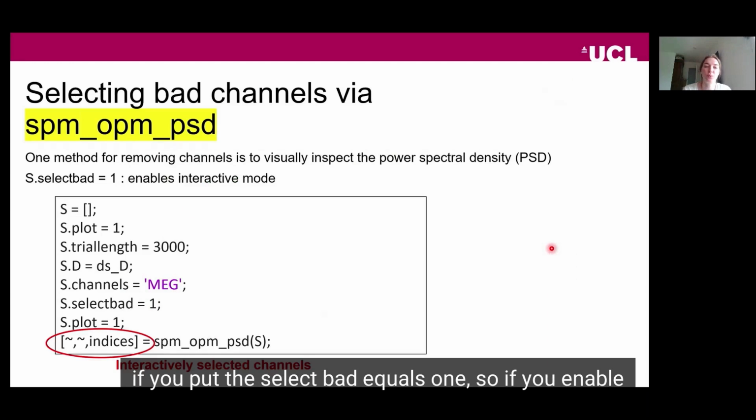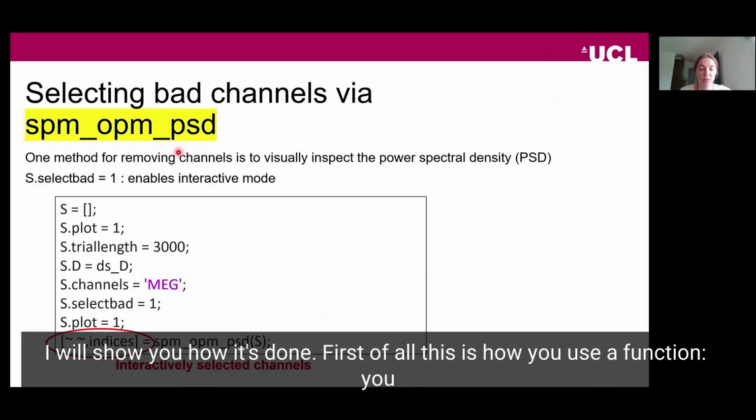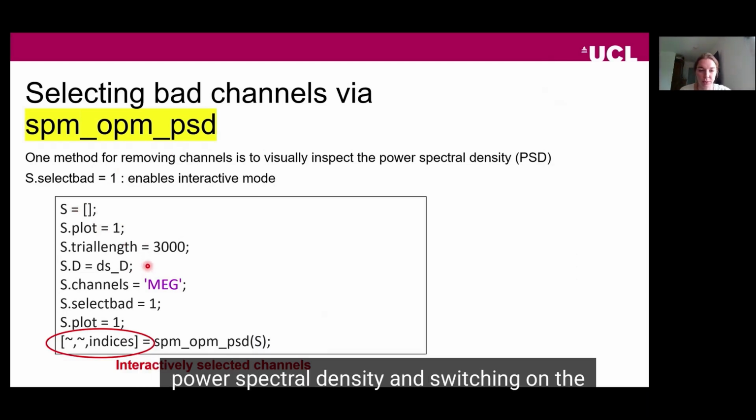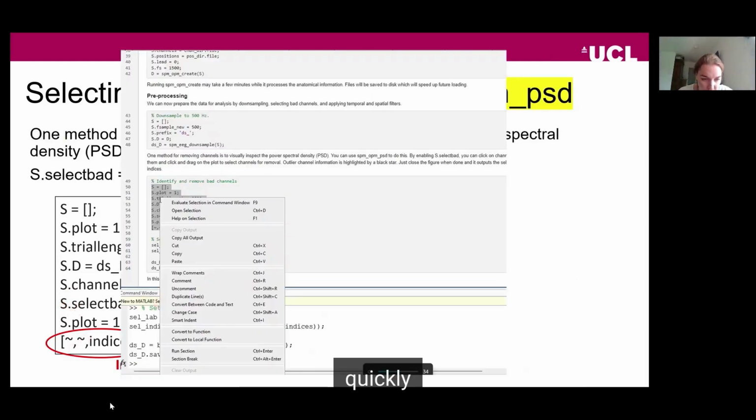But now if you put select bad equals 1, if you enable interactive mode, you can interactively select and annotate the bad channels. So here I will show you how it's done. First of all, this is how you use the function. You provide all the necessary variables for calculating power spectral density, and we are switching on the interactive mode. And here I can show you quickly.